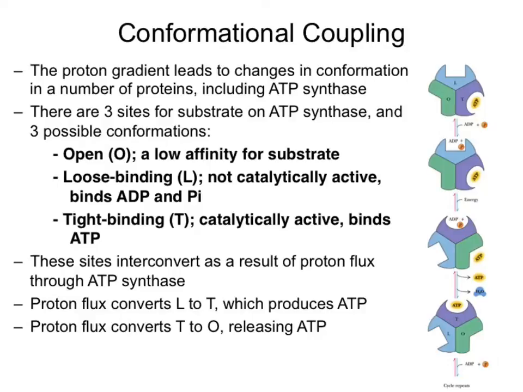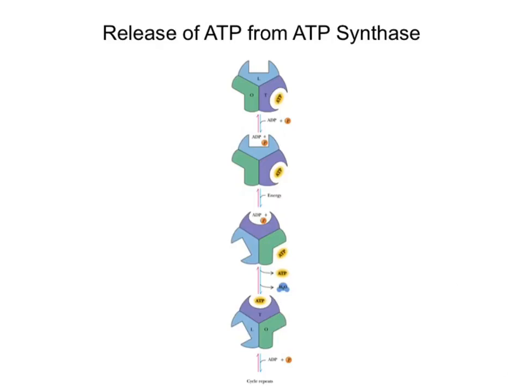We get a rotation that causes ADP to then get much closer to phosphate. Another rotation causes ATP to form, and at the same time, any ATP that was left in the site gets kicked out. So you're getting all these little steps happening within it. It's kind of a neat little process to go through and deal with.